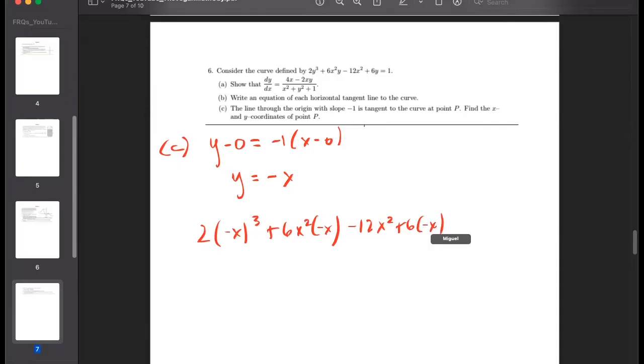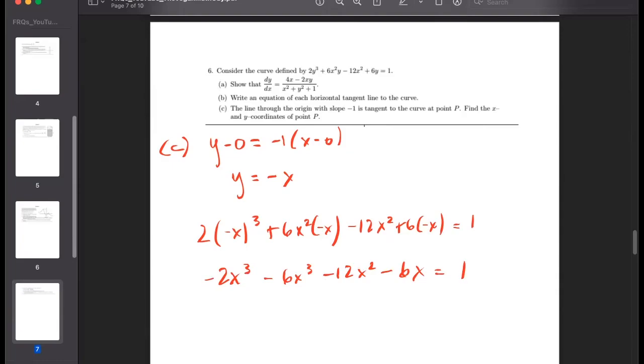So this becomes -2x cubed minus 6x cubed minus 12x squared minus 6x is equal to 1.